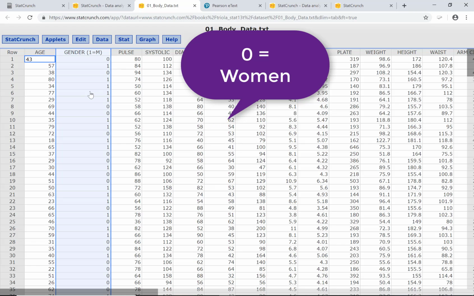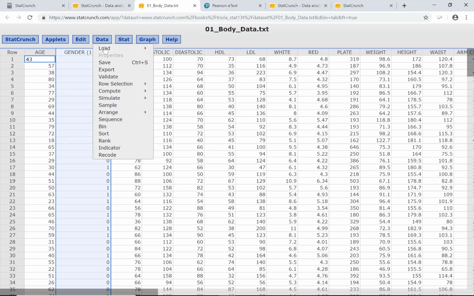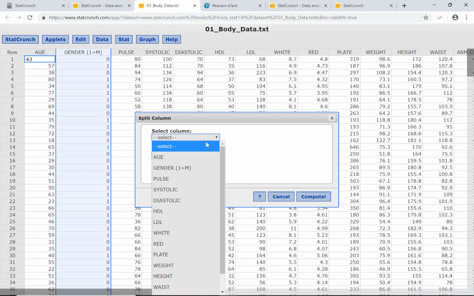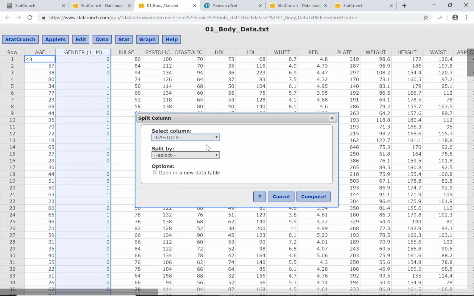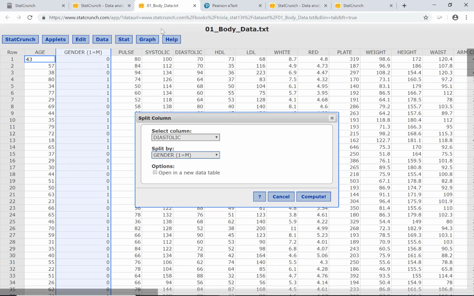So we've got to do a little bit of adjusting here. Data, arrange, split. I want to do diastolic, and I want to split it by gender.